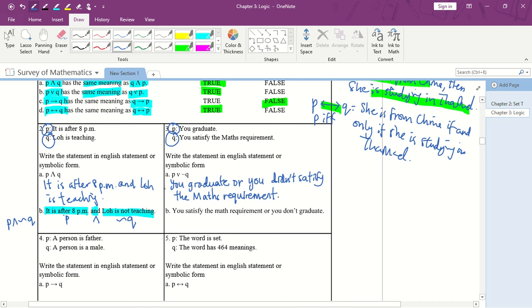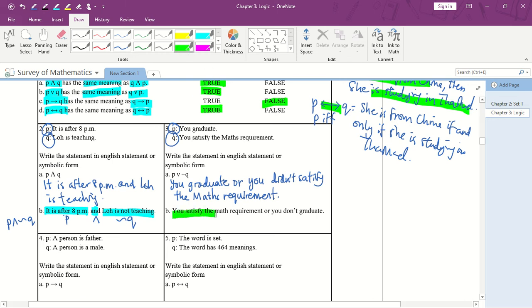So P is you graduate, the symbol is or, and it is using not. So we'll add the not here. And just to make it nice, we'll write: you didn't satisfy the maths requirement. Okay, and the last one.